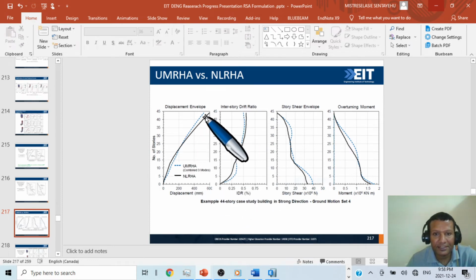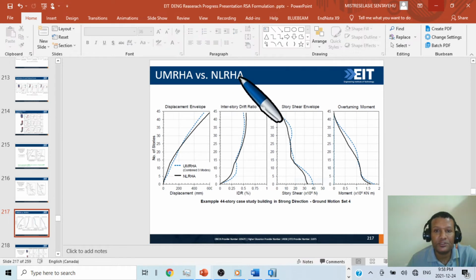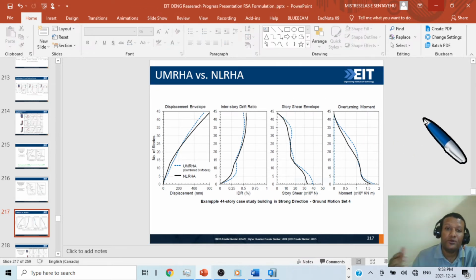So the result, as you can see, is not that far. But the advantage of UMRHA over a nonlinear response history analysis is you can see each mode response, the effect of each mode, the contribution of each mode toward the total.